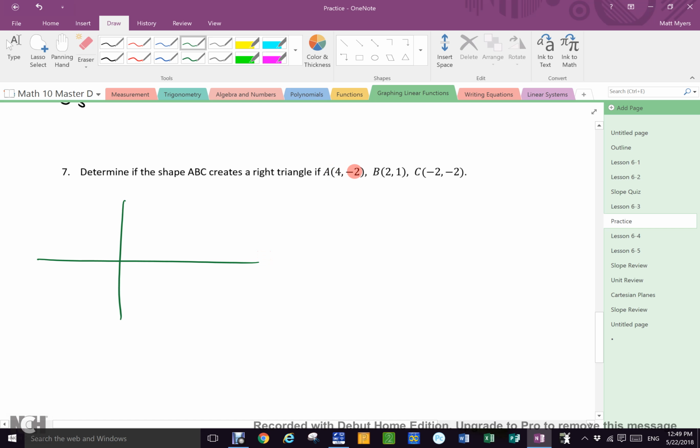Did I actually do it right? Yes. Where is (4, -2)? Right. 1, 2, 3, 4. And down. 1, 2. There's A. Where's B? Right. 1, 2. Up 1.